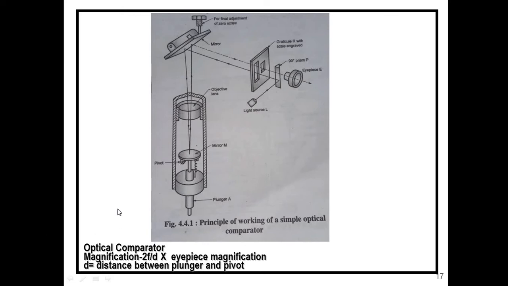Now the magnification of this optical comparator is given by the formula: magnification is equal to 2 times f divided by d, into eyepiece magnification. Here f is the focal length of the lens and d is the distance between the pivot and the plunger.